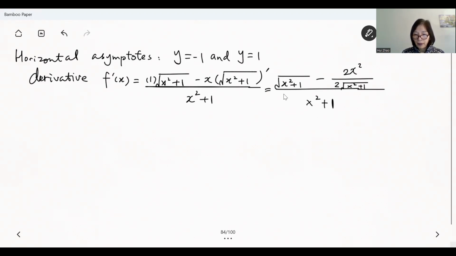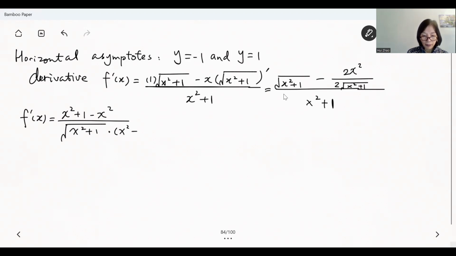Then the 2 cancels, and we simplify the numerator to become x squared plus 1 minus x squared over the square root of x squared plus 1, times x squared plus 1 for the denominator.